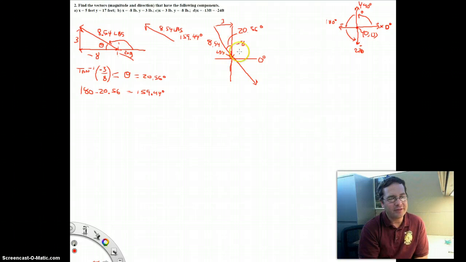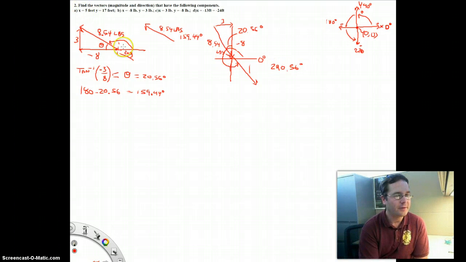Well, we can simplify that into 270 plus theta. So the angle of the resultant vector is basically all this direction around the Cartesian plane, and the angle is going to be equal to 270 plus 20.56, which is 290.56 degrees.